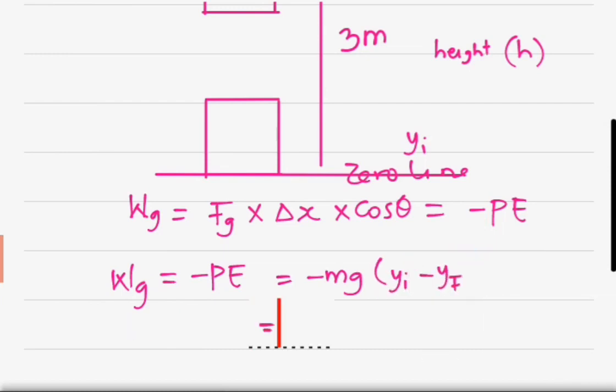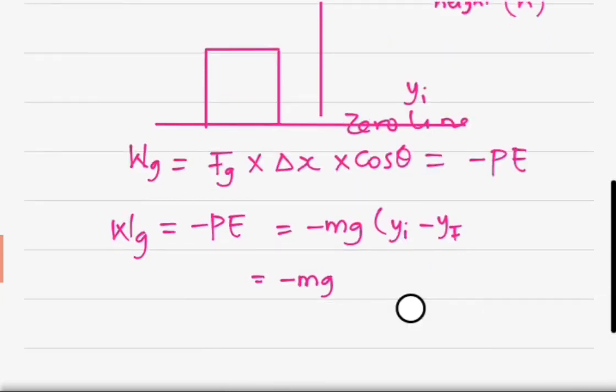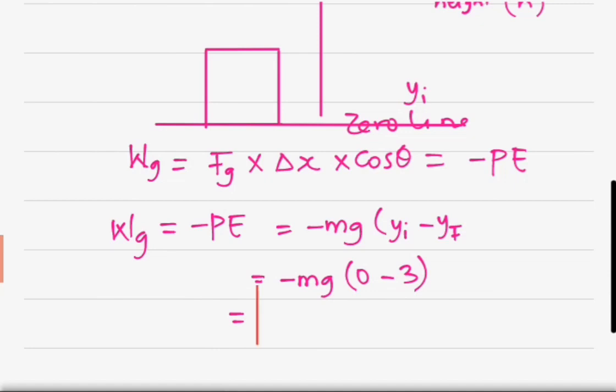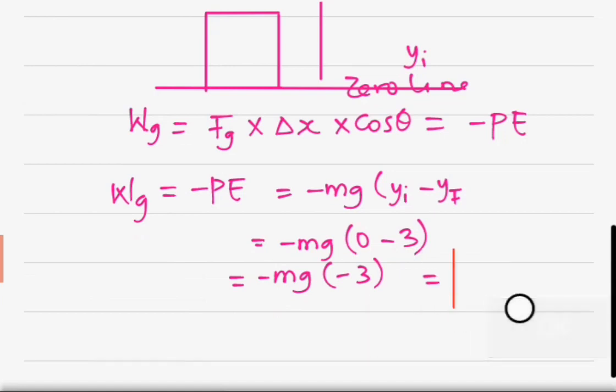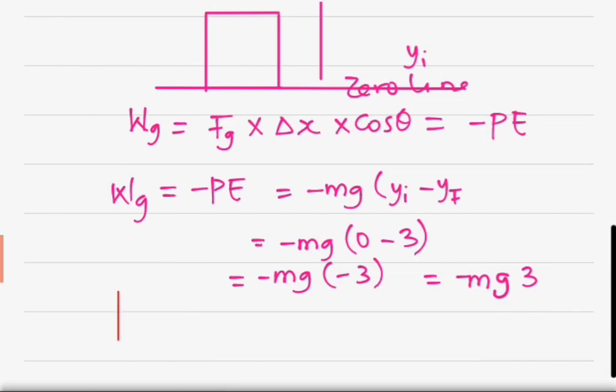So what do we have? Our potential energy is negative mg. What is y initial? Well, y initial is 0 and y final is 3, because we lifted it 3 above the ground. So what we're going to have is negative mg multiplied by negative 3, so we have 3mg.